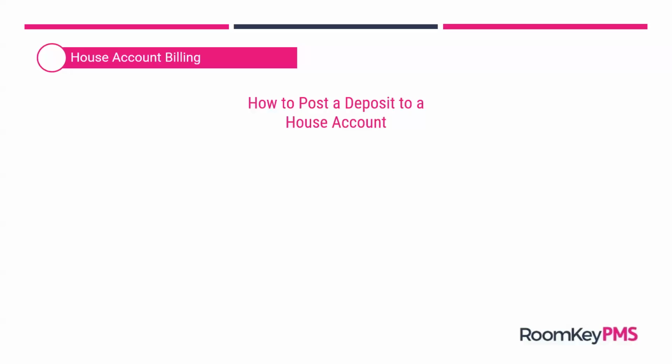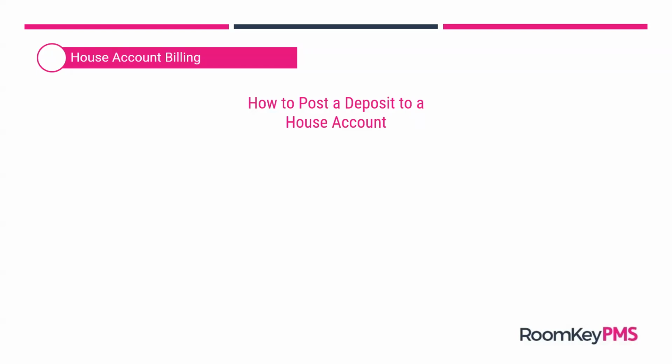Now that we've seen how to create the account, room type, room inventory, and the reservations themselves, let's take a look at some more details about billing. We're going to treat this like a guest life cycle or a house account life cycle.